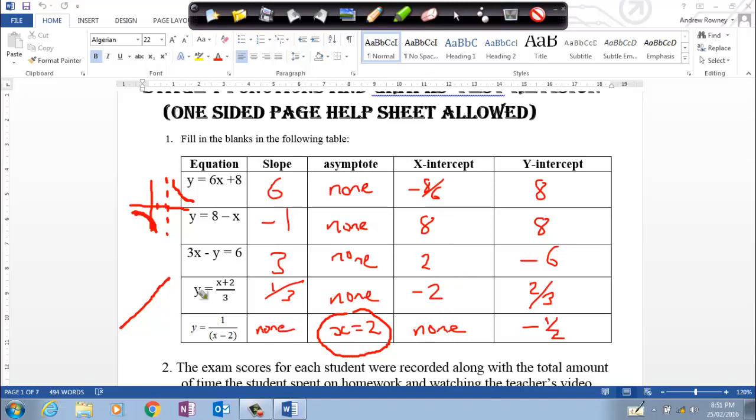Now, the x-intercept and y-intercept. To get the x-intercept, we need to put y equals 0. To get the y-intercept, we need to put x equals 0.